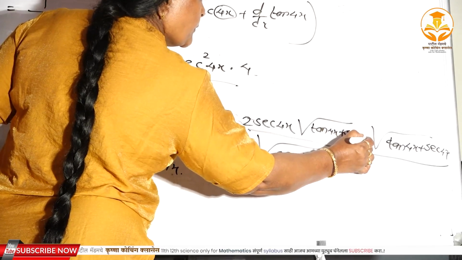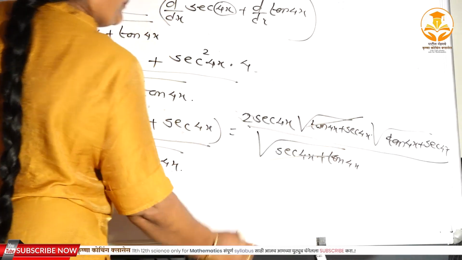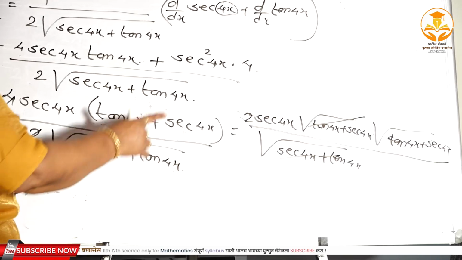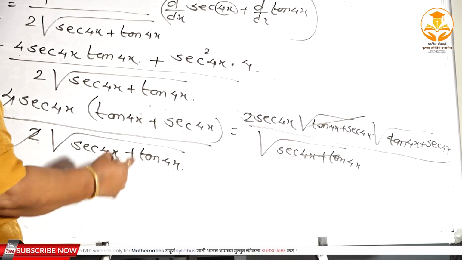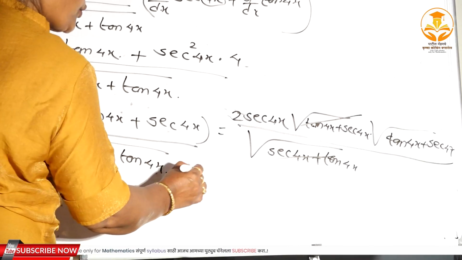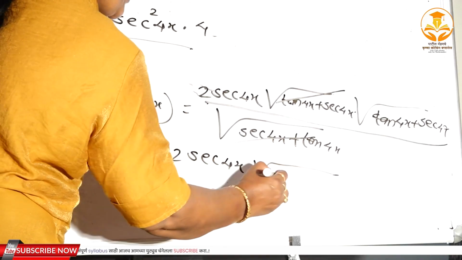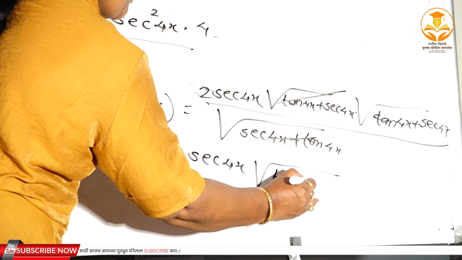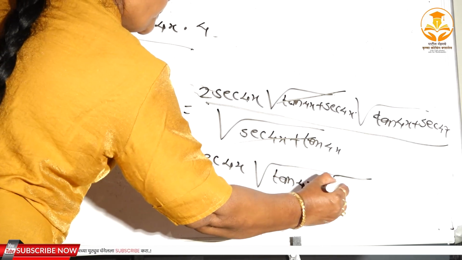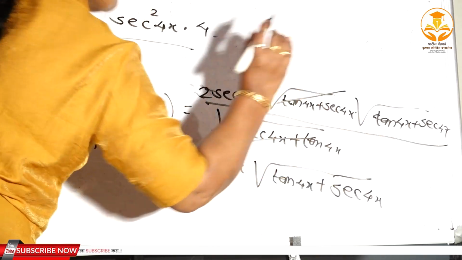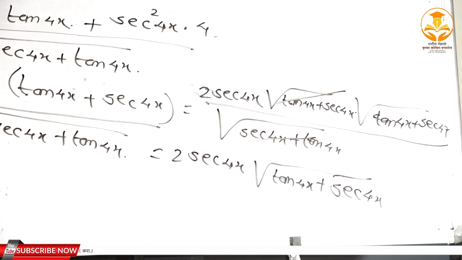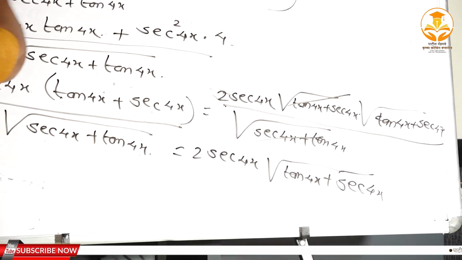Again the same term in the numerator and the same term in the denominator get cancelled. So what remains here? 2 sec 4x root of tan 4x plus sec 4x. Right? In this way you can do the problem like this, of the root x.